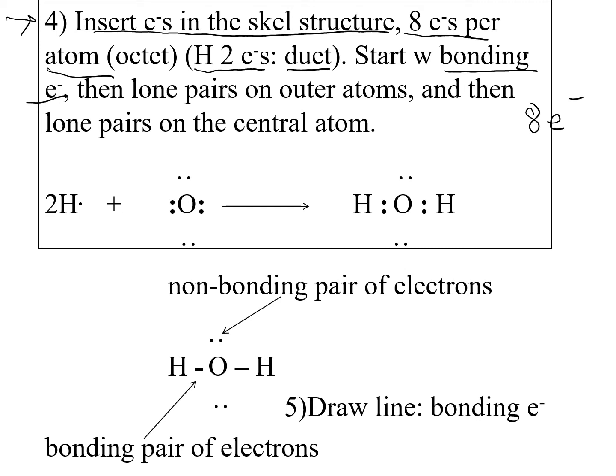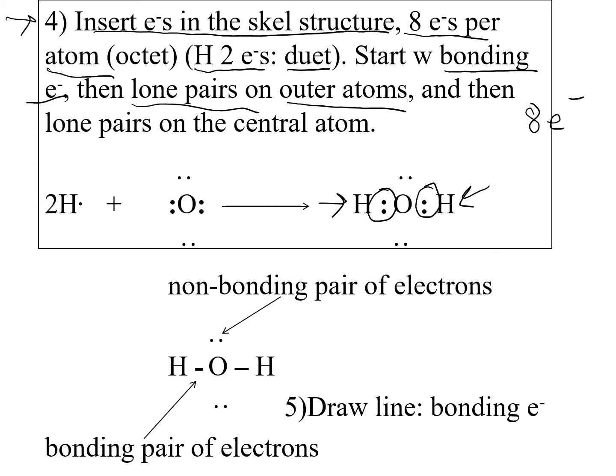The first electrons are always going to be bonding because this molecule wouldn't exist unless our atoms were bonded together. So the first electrons we're going to be adding in here are the bonds between hydrogen and oxygen. So we add those in, we've used 4 electrons. Then we're going to add lone pairs on the outer atoms. So the outer atoms would be hydrogen versus the center atom, which is oxygen.